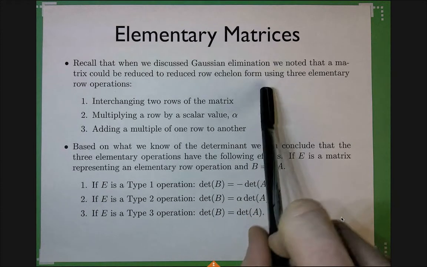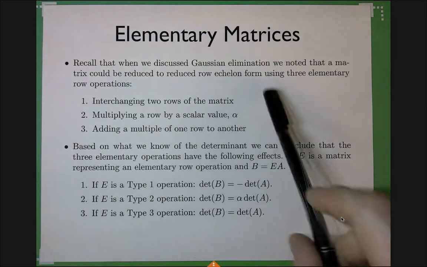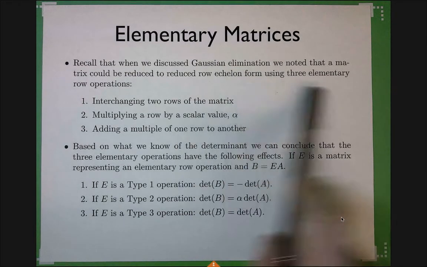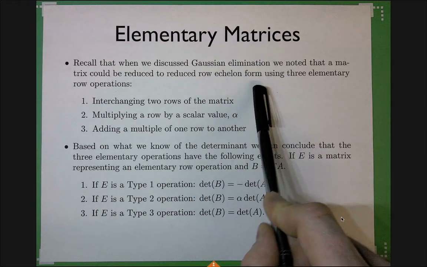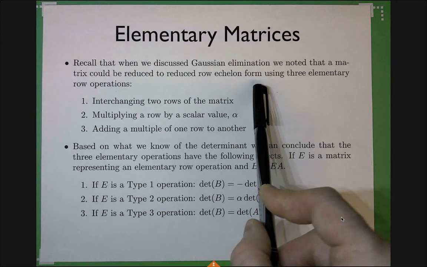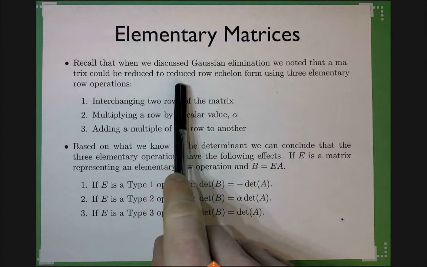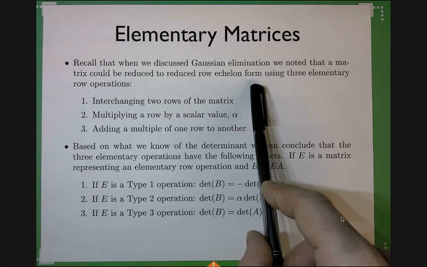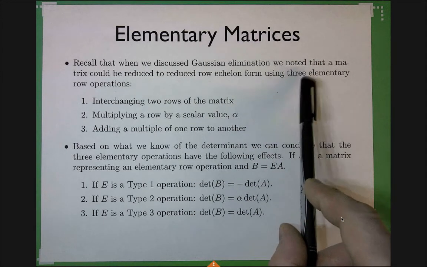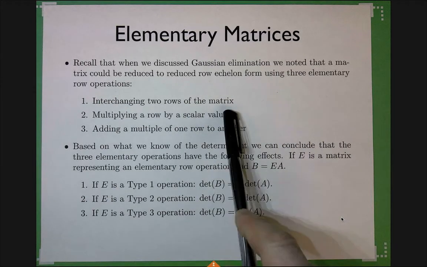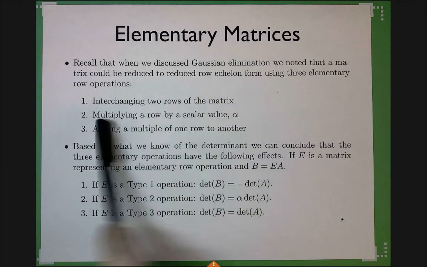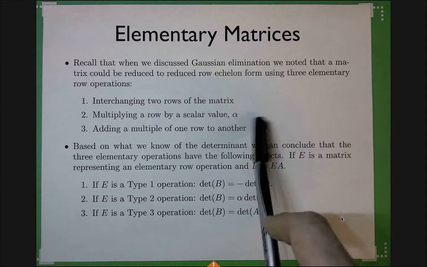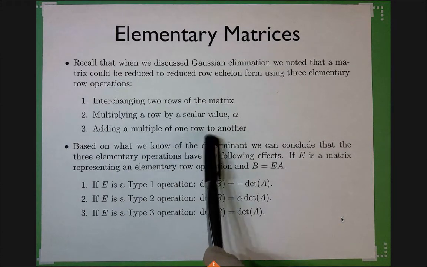Because we already know, and you now already know very well thanks to the midterm, that every matrix, and here we are doing just with square matrices, so it gets even easier, can be reduced to reduced row echelon form. And just by doing these three elementary operations: switching two rows, multiplying a row by a scalar, and adding a multiple of one row to another.